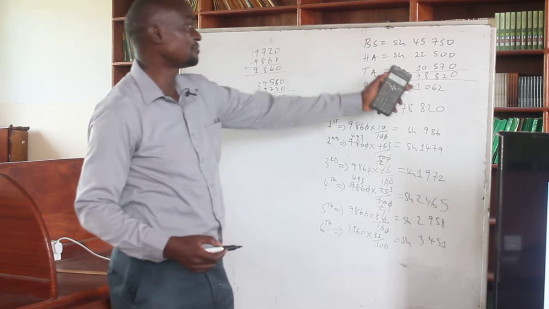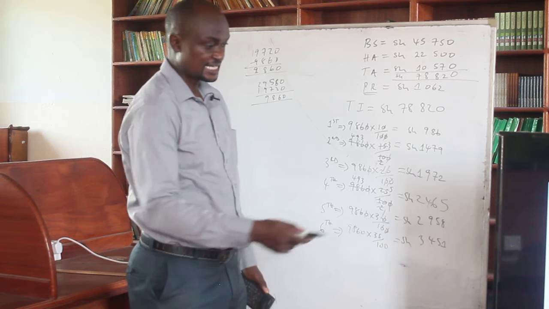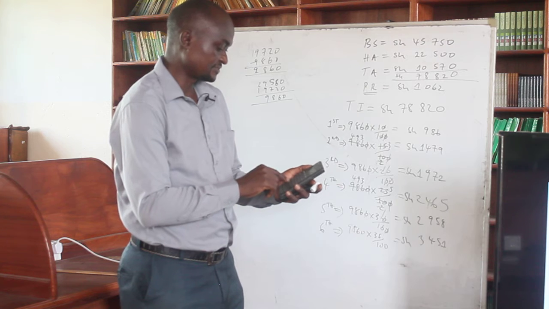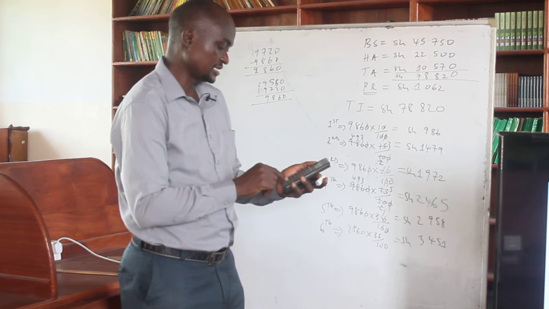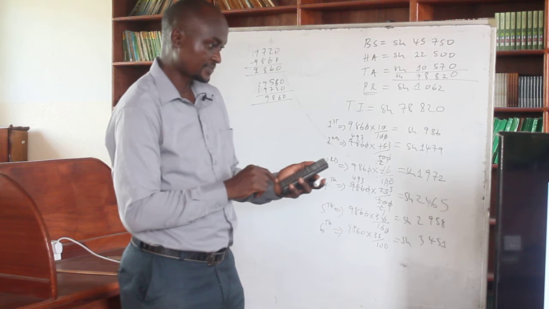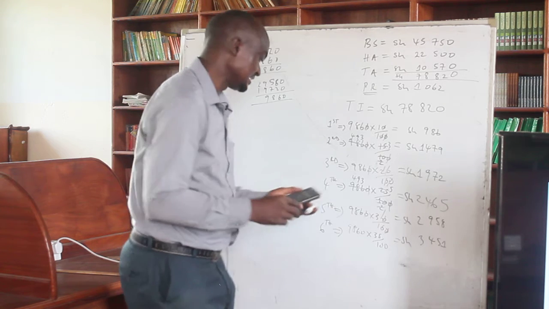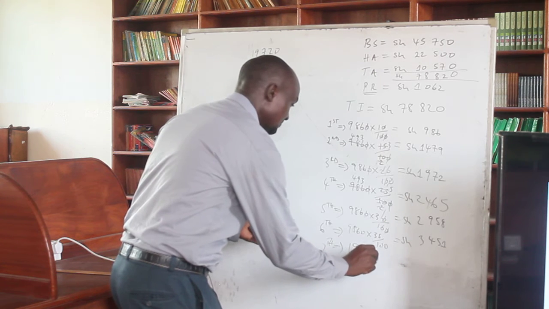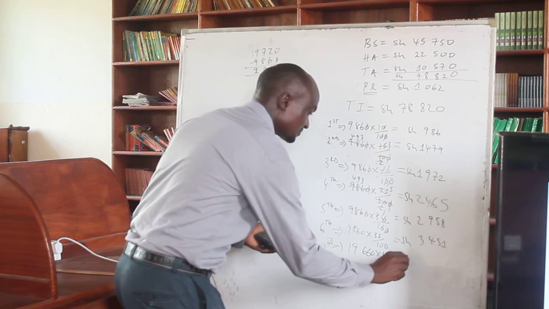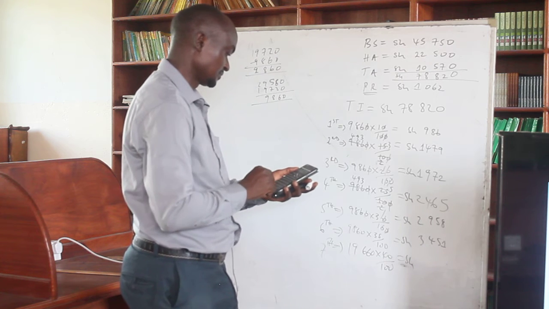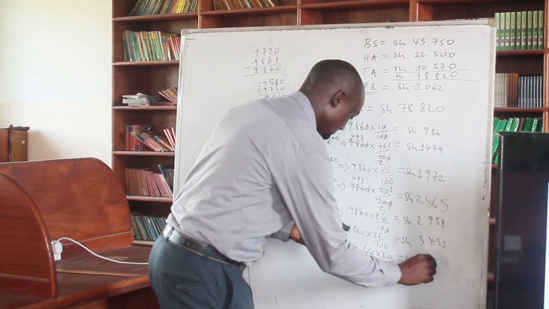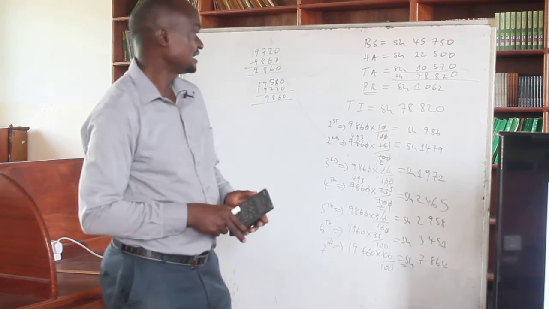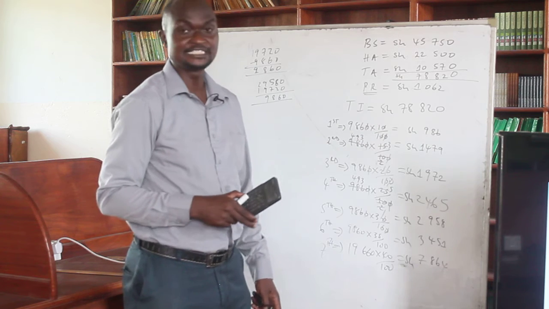Since we know that the taxable income was 78,820, and the value we have on this last bracket is 59,160, we get the difference. 78,820 less 59,160, and that's what you get, 19,660 multiplied by 40%. We have 7,864.